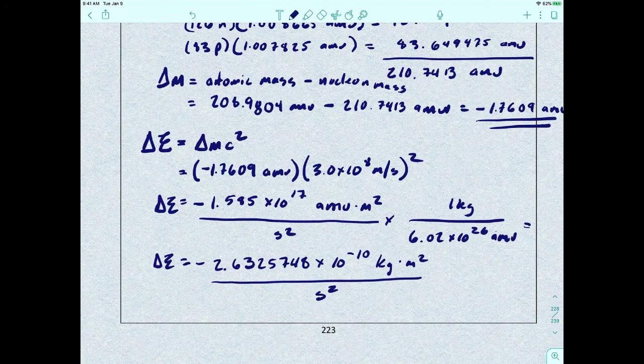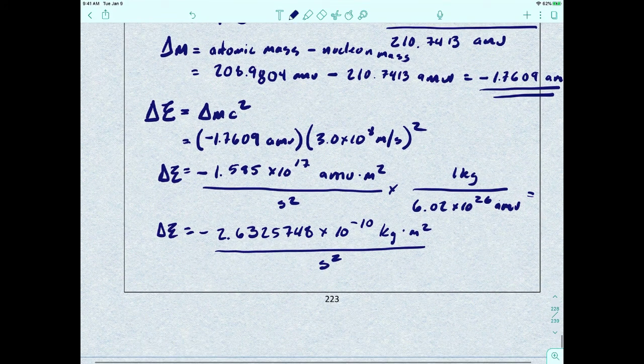That's pretty meaningless to us, so we convert to joules: 1 kilogram meter squared per second squared is equal to 1 joule. So this is negative 2.6326 times 10 to the minus 10th joules, and this is the nuclear binding energy.